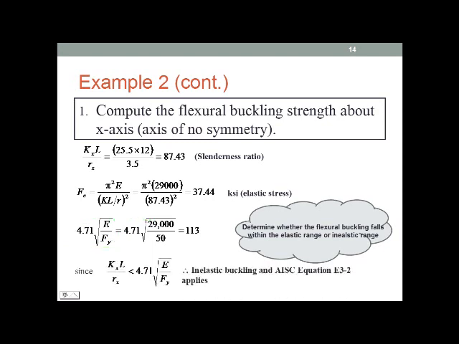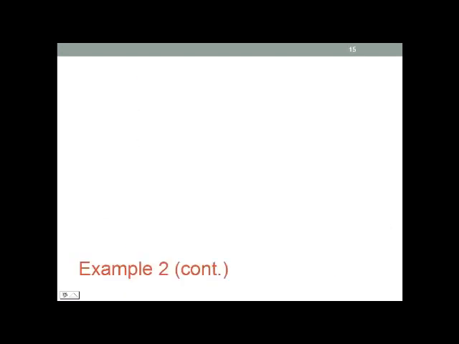Since KL/r, or the slenderness ratio, is less than the limiting value 4.71 multiplied by the square root of E/Fy, then we have inelastic buckling, and AISC equation E3-2 applies to the solution.